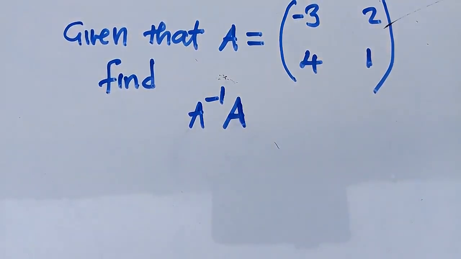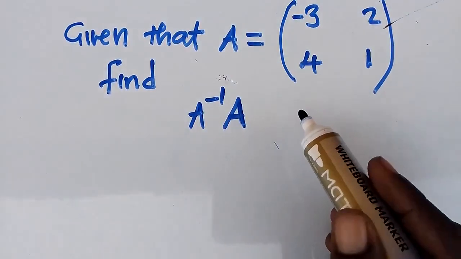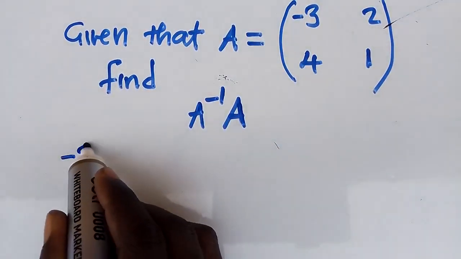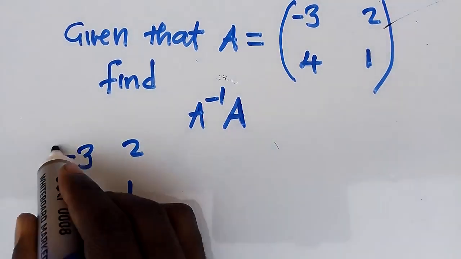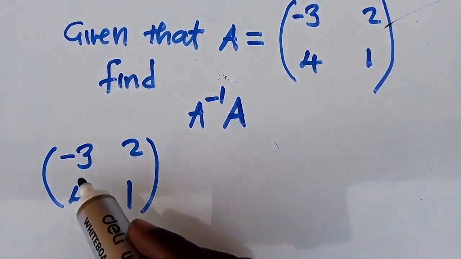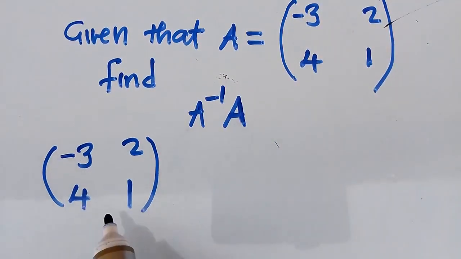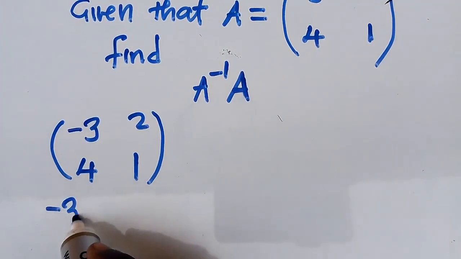So what do you need to do? The first thing you are supposed to do is find the determinant of this matrix: 3, negative 3, 4, 2, then 1. Major diagonal: negative 3 times 1 is negative 3.